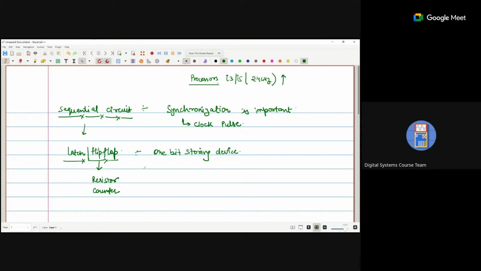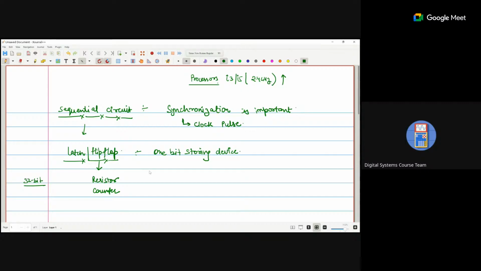If I am talking about RAM or ROM, where we require a 32-bit storage device, that means 32 flip flops are required. So simply, latch and flip flop is a single bit storage element.